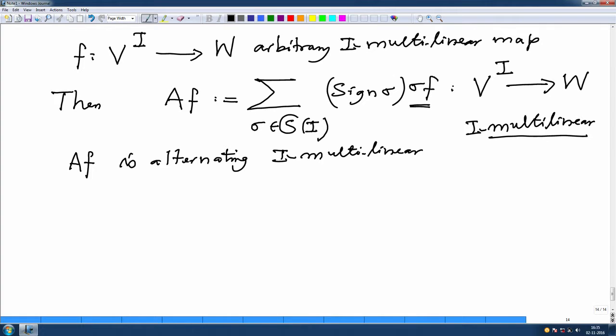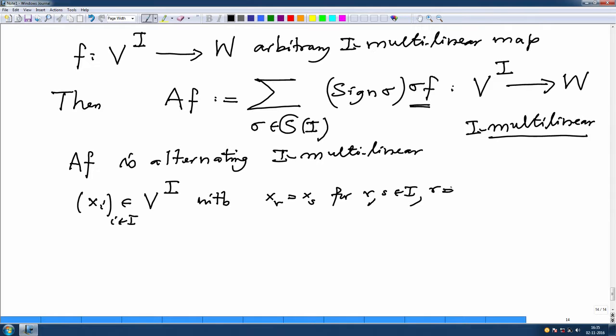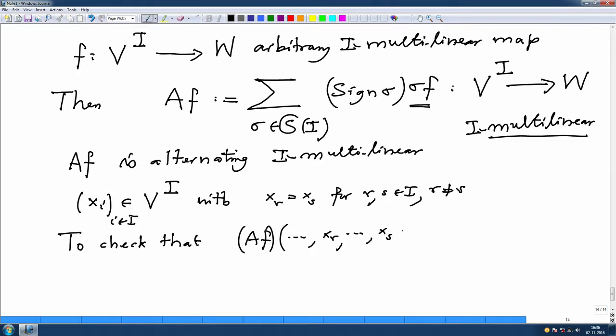So I have to check that if I take any tuple x_i in V power i, with the rth coordinate xr and the sth coordinate xs, and they are equal, for r not equal to s in i, then I want to check that Af on this tuple, with xr and xs equal, is 0. That they are equal is given to us.